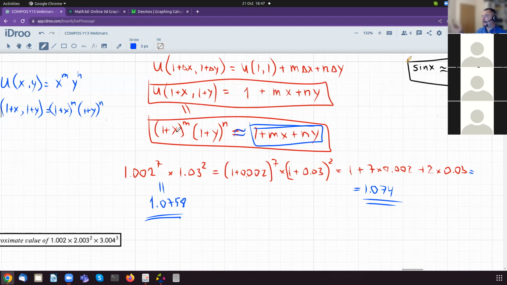What if m is 1,000? A computer will tell you, no way I'm doing that. Or the computer would probably use an approximation itself. Because if not, multiplying by itself 1,000 times is very, very costly.